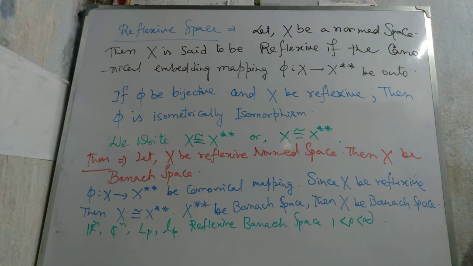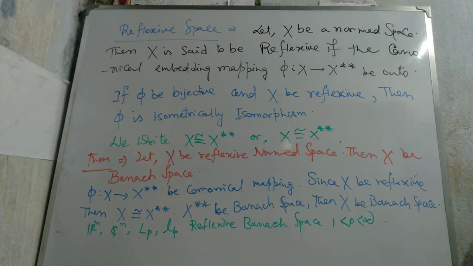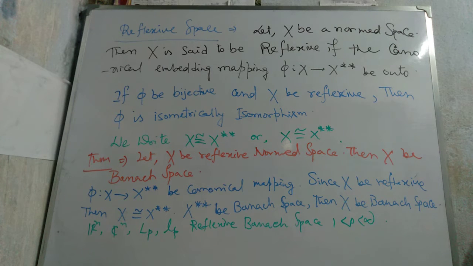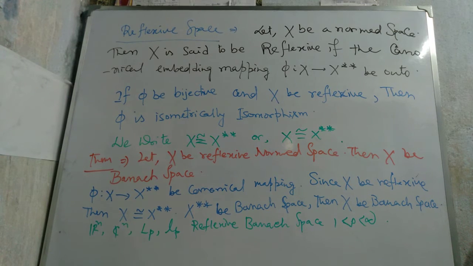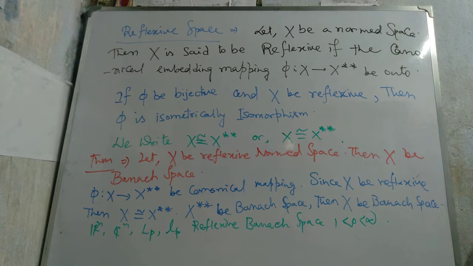Now we go further. What is reflexive? We write this definition: a normed space X is reflexive if the canonical mapping phi from X to the second dual of X is onto. If X is reflexive, then phi is an isometric isomorphism.